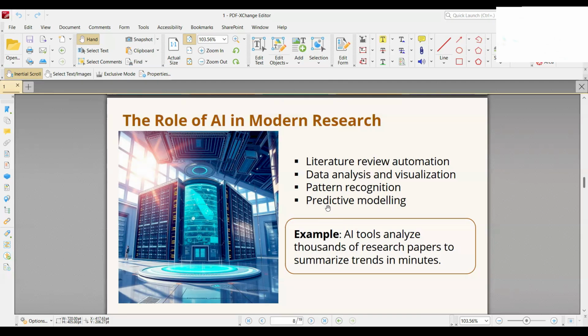Most importantly, it facilitates seamless collaboration, allowing us to share our AI-enhanced research securely with our colleagues.